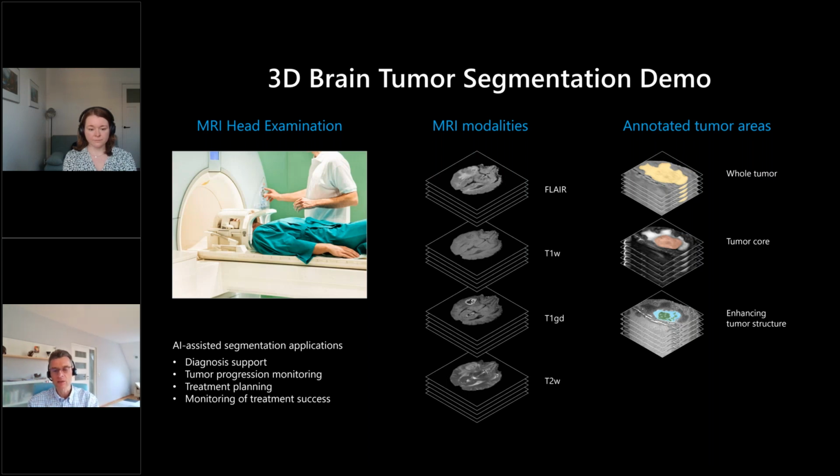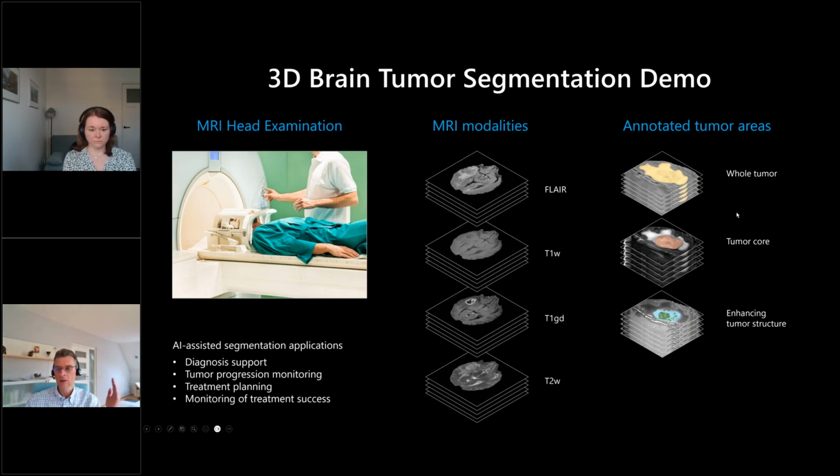And then there is this modality which is called T1GD, which is a specific contrast agent which is added. And this is very helpful to visualize different structures of tumors, for example. So these are the features that we are using, the generated images. So for each patient, 4 stacks of images with 155 slices each.